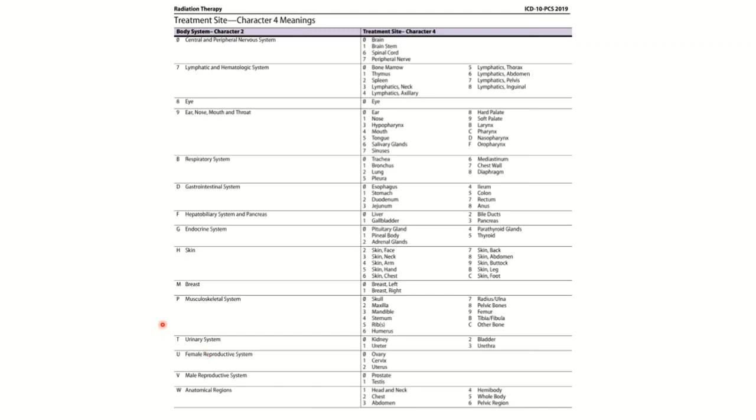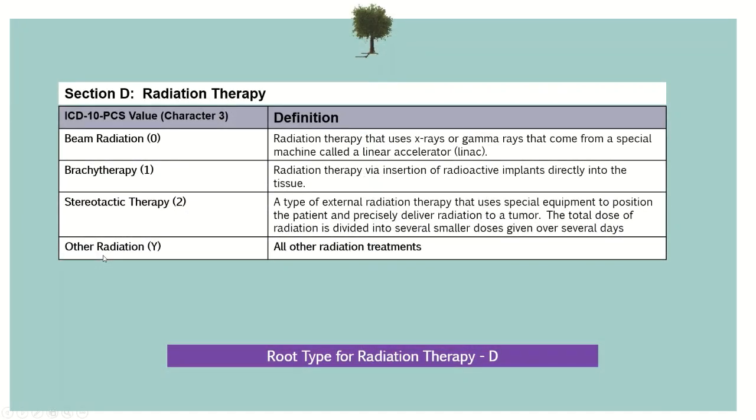All right. So now let's turn our attention to those root types or those modalities. We've got beam radiation. This is radiation therapy that uses X-rays or gamma rays that come from a special machine called a linear accelerator. Brachytherapy. This is radiation via insertion of radioactive implants directly into the tissue.